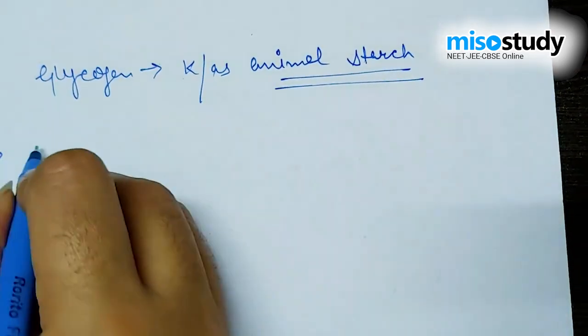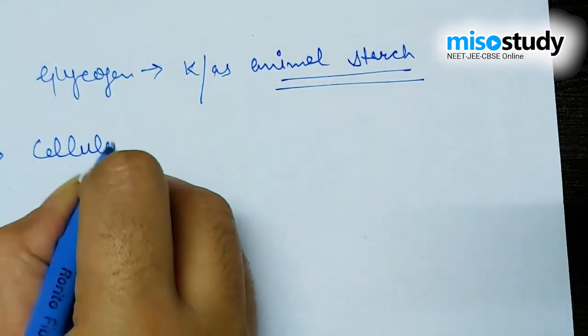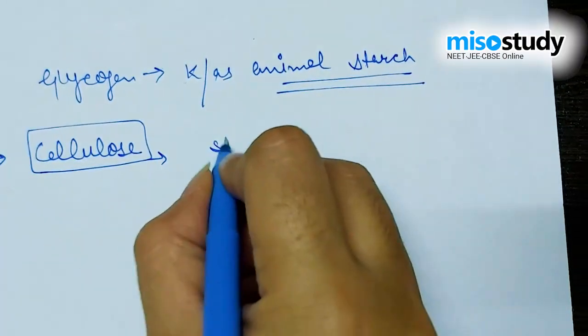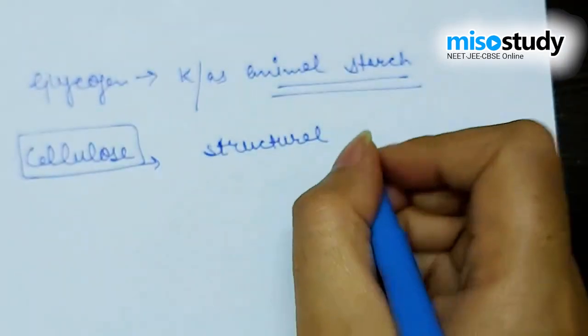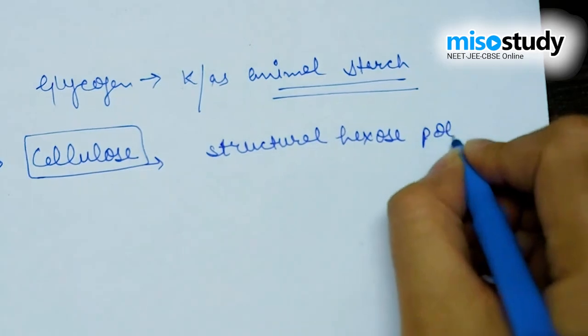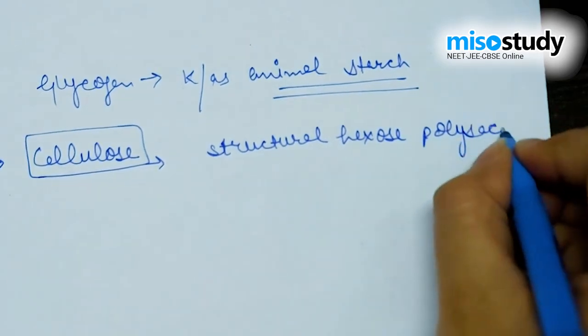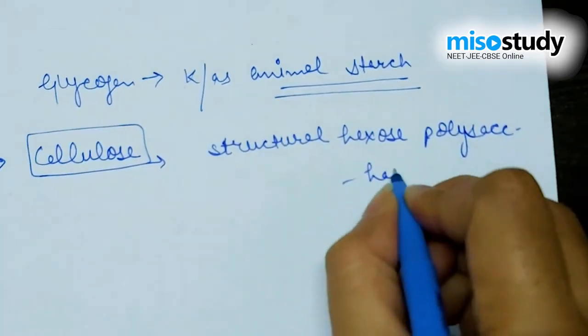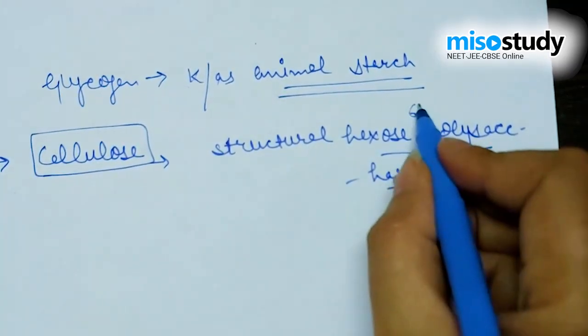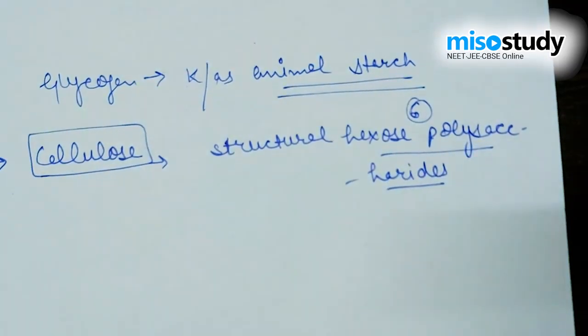When we discuss the third one, that is cellulose. Cellulose is the structural hexose polysaccharide. Hexose is the word we use for the number 6, pentose for 5.